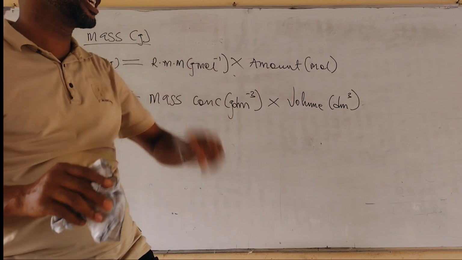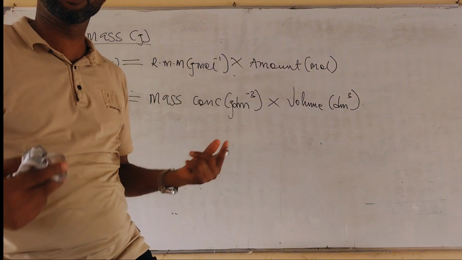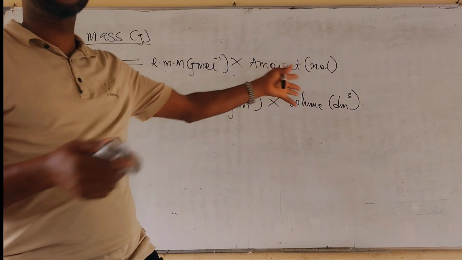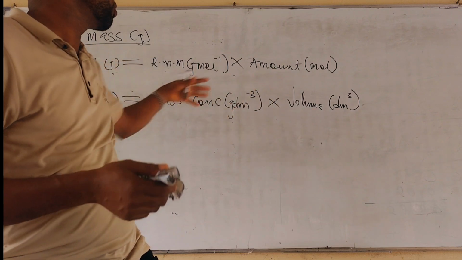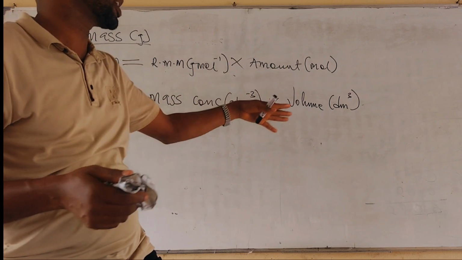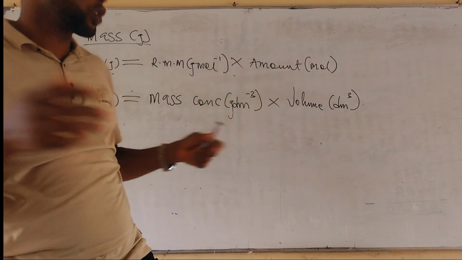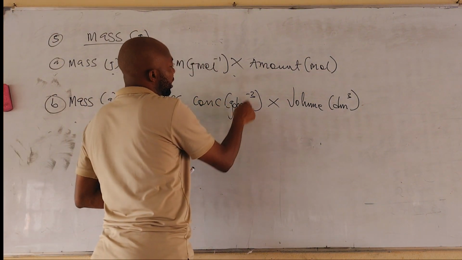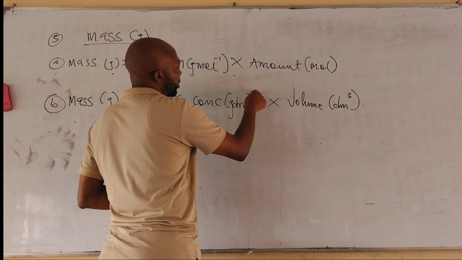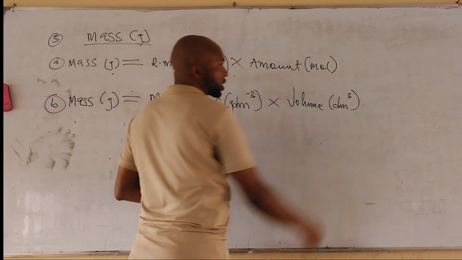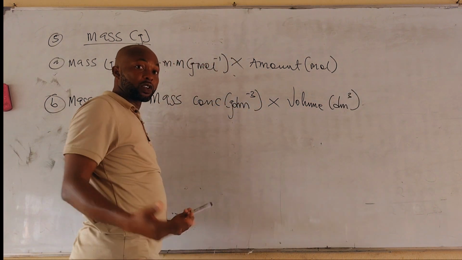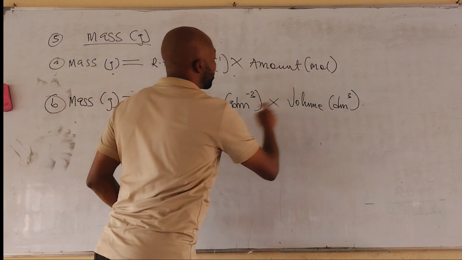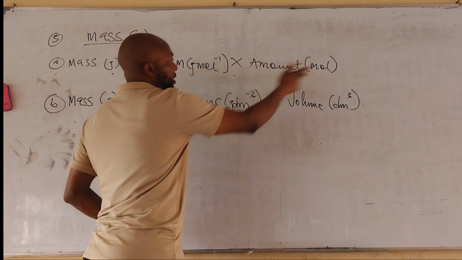So you must begin first by having the formulas in your head and understanding your basic indices application to check, when you finish the formula, whether it is correct or not. For example, this is my gram, but this is dm cube. Gram times dm minus 3, dm raised to power 3. I understand from the laws of indices that when numbers with equal bases are multiplied, their powers are added.